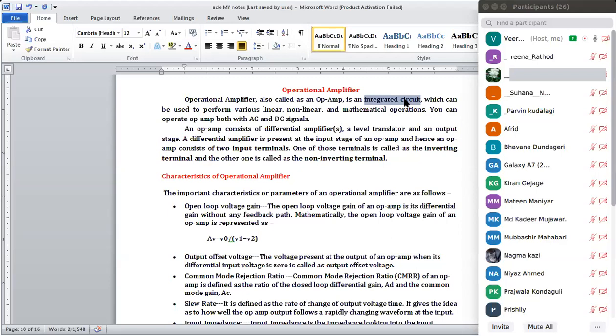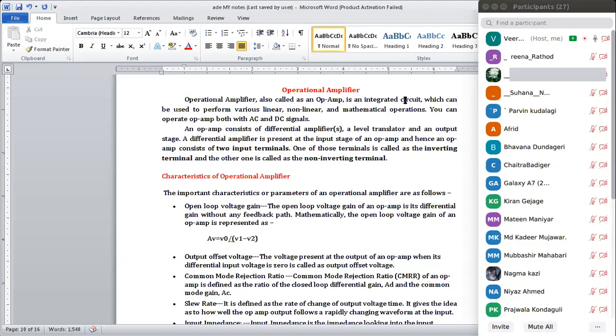Taking each component separately and connecting them together is quite complex, and we may not get accurate output. So what the developers did, instead of picking up single components and connecting them, is they reduced the size of each component, placed all the components on a single chip, connected them together, and made it a package.